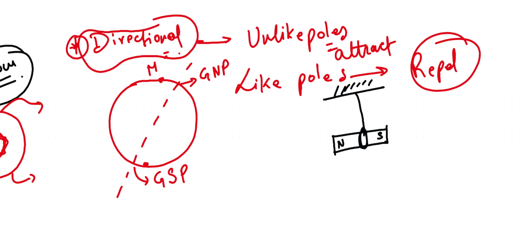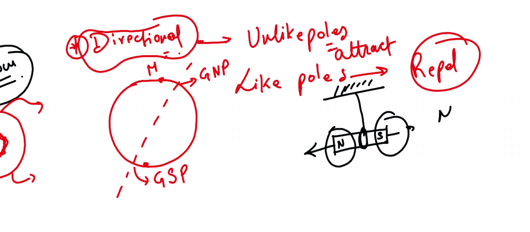Sometimes it will rotate like this, and then it will be stable in a particular direction. That means these poles are pointing to the unlike poles. The south pole is attracting the north pole of this magnet, and vice versa. The north pole somewhere is attracting the south pole of this magnet.